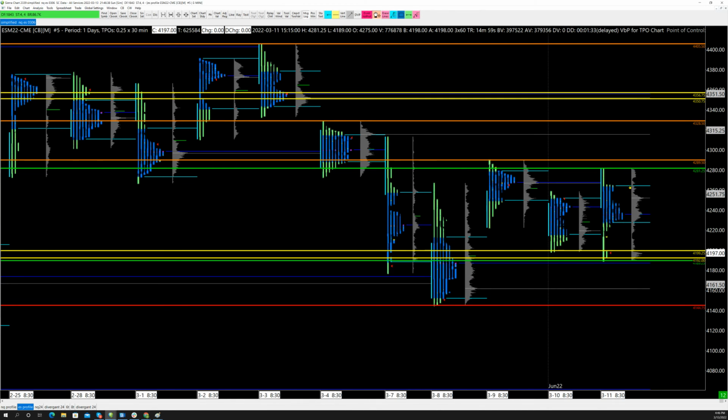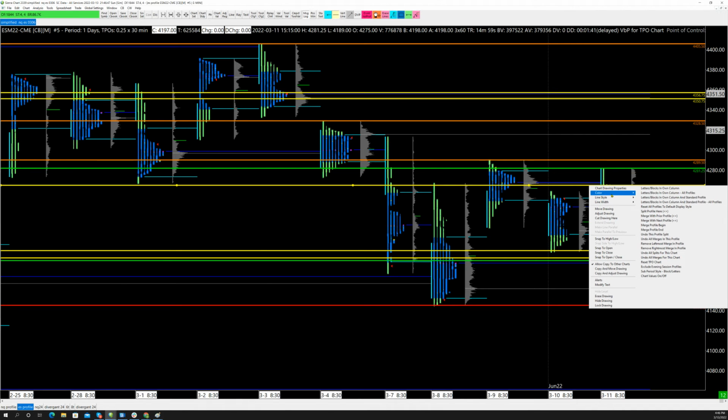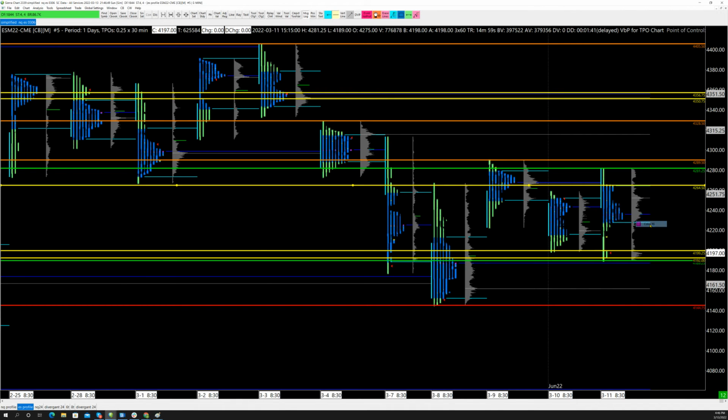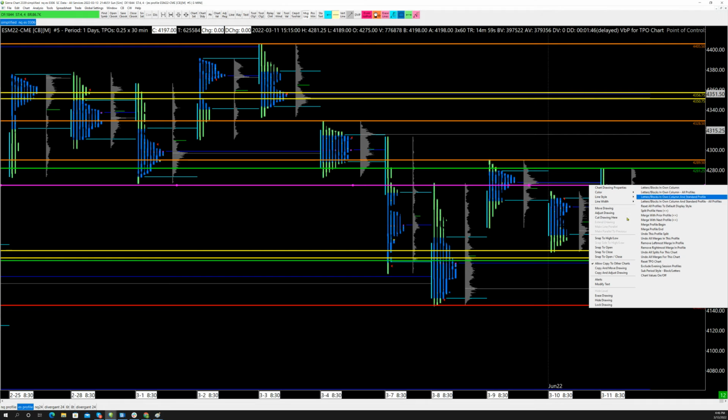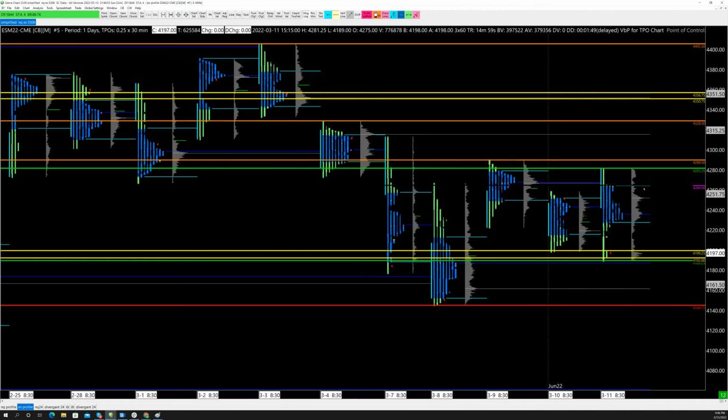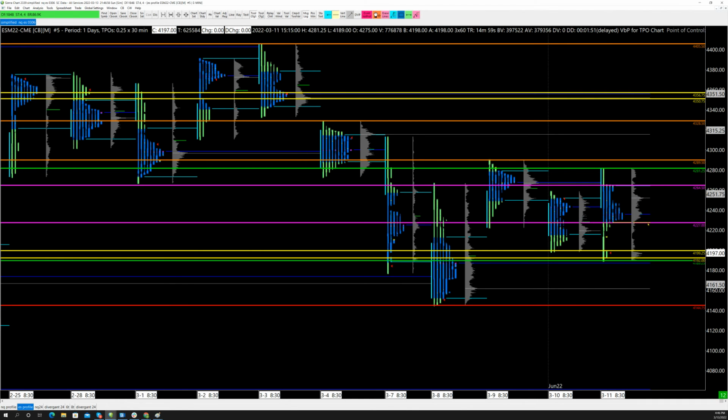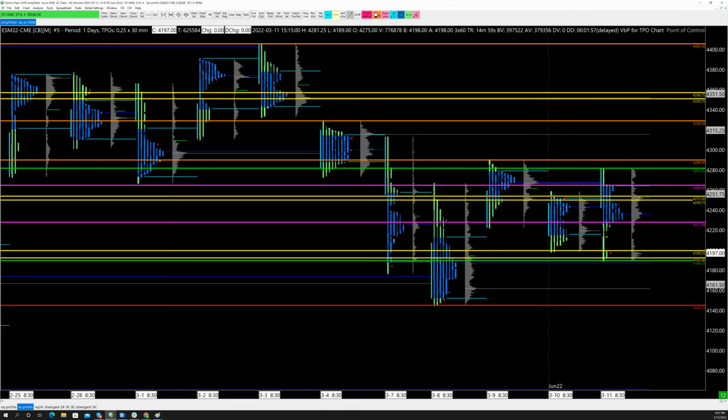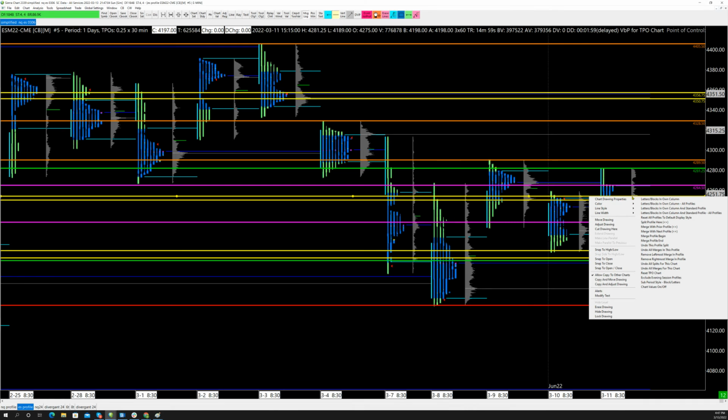Value area high. Value, let's see, we'll copy and move that. Value area low. Prior day's point of control. Again, those are separated, so I'm going to favor the point of control there for the volume. And again, that's an area I don't want to trade in, right?